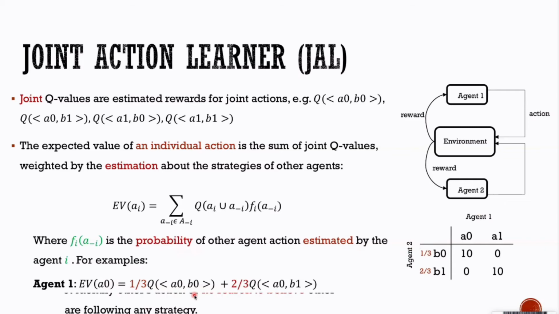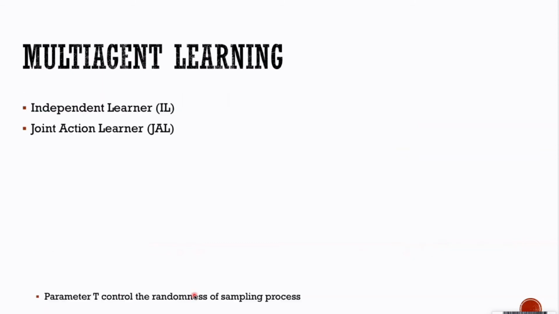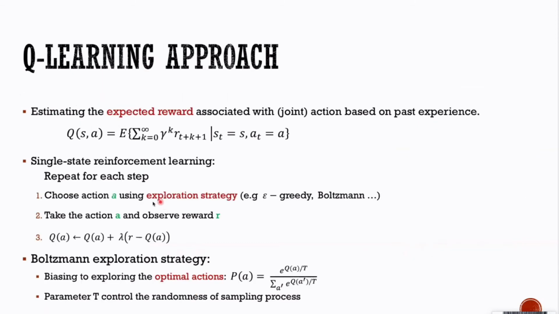Let me go back here to the Q-learning approach. The first step is to choose an action, right? To choose an action, we need two types of information. One is the exploration strategy, and the second is the expected reward you want to get when you are taking individual actions.